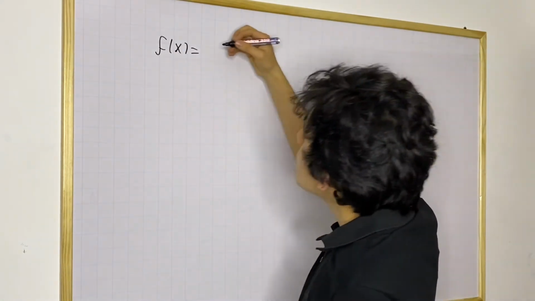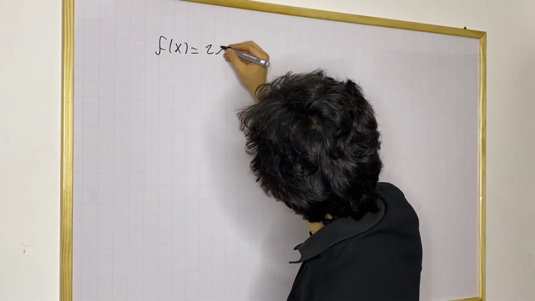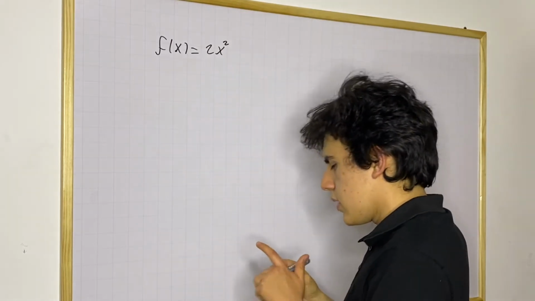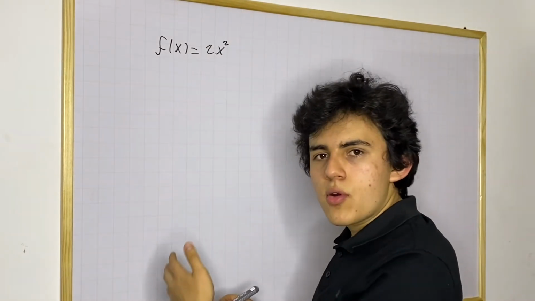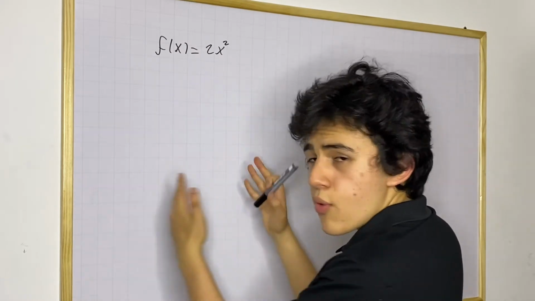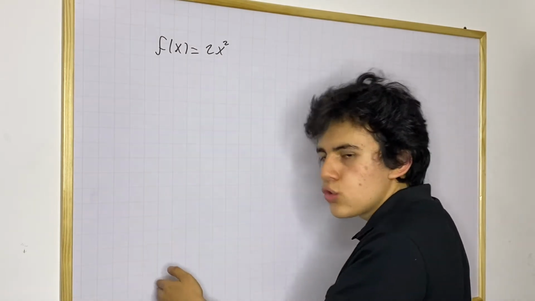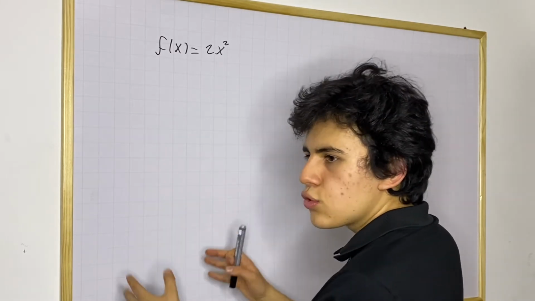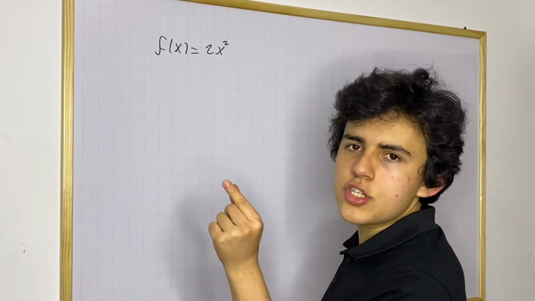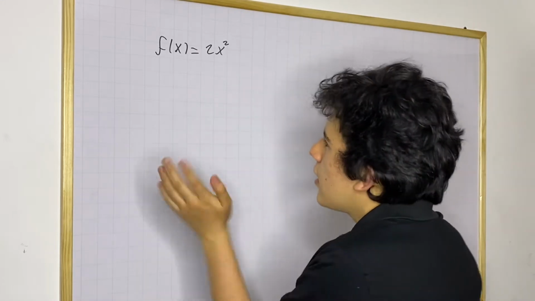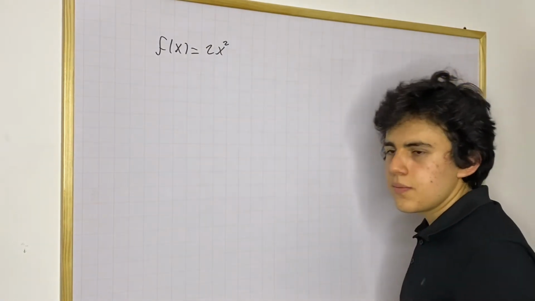So we have that f is simply going to be 2x squared, okay? Basically, this would be a parabola, but a bit compressed, okay? The y values would go twice as high for a simple change in x, okay? So now, what is the derivative of this?